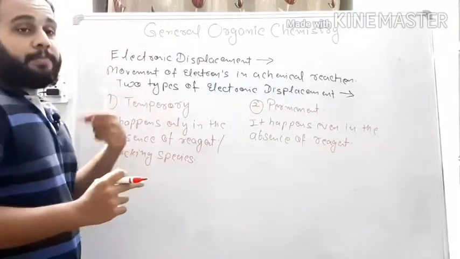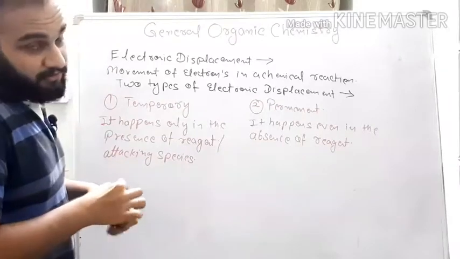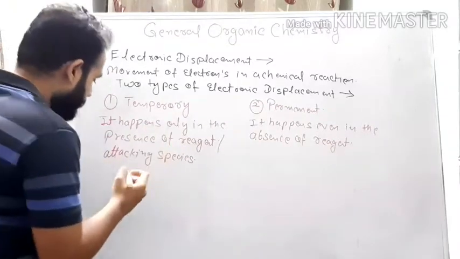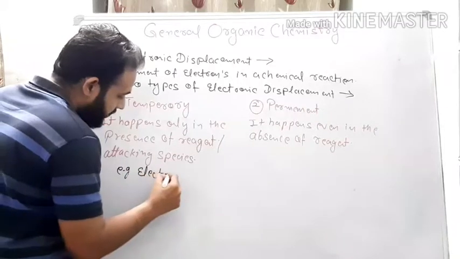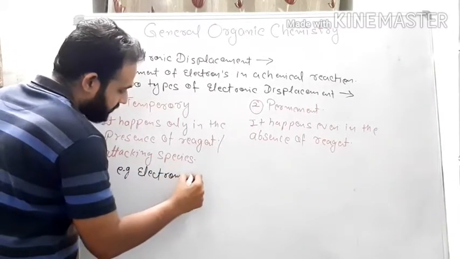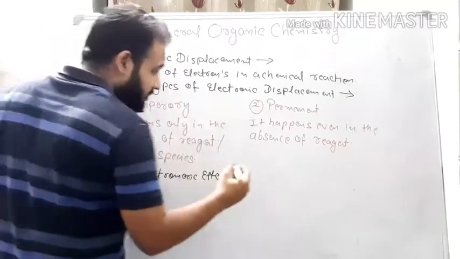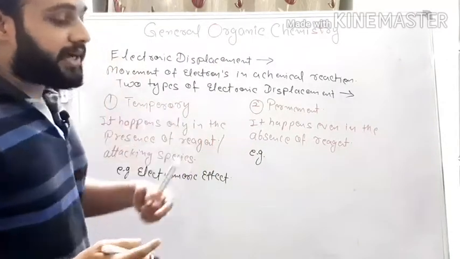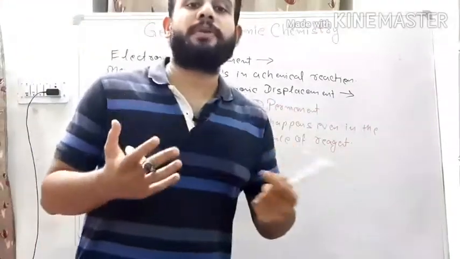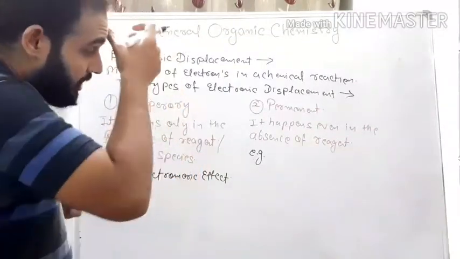An example of temporary electronic displacement is the electromeric effect. Understand? These are important for your preparation and for the foundation of organic chemistry.